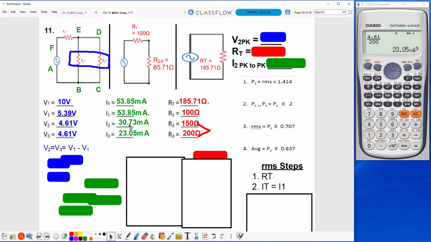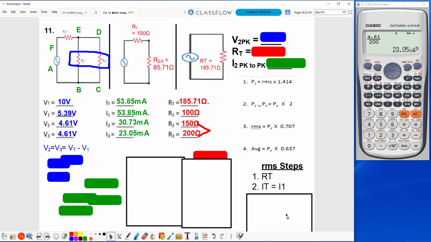If I add 30.73 and 23.05, I get the 53.85 milliamps, or thereabouts. A few numbers are not exactly right due to rounding, but close enough.